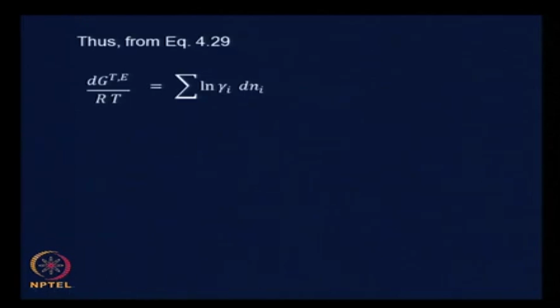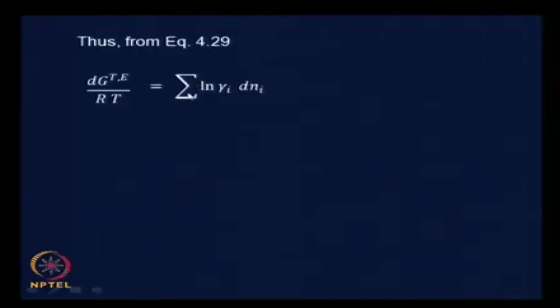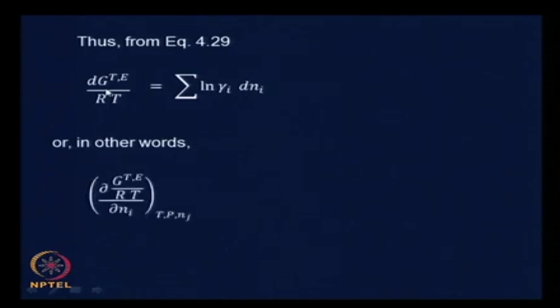we had those two terms, we had gotten rid of one term, and therefore only one term remains here: dGE by RT equals sum over ln γi dni. This is what we are left with in a nice way, but what this also tells us is, if you take the partial derivative with respect to a certain ni with temperature, pressure and all other n's remaining constant, then that would actually give us ln γi.